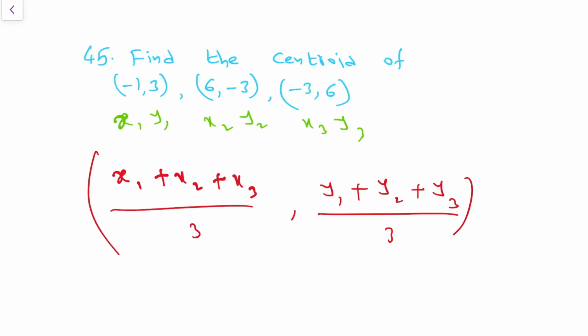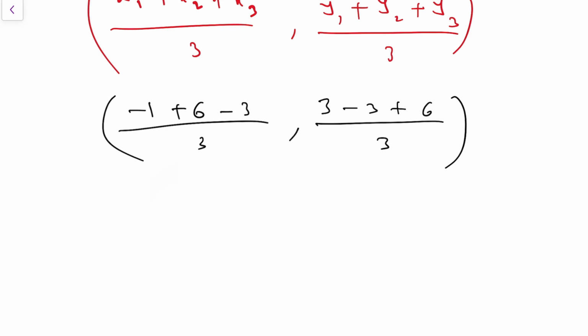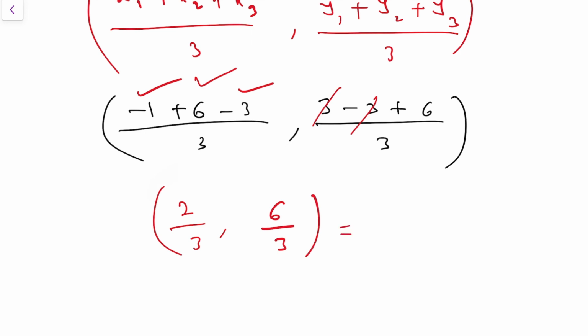Here x1 is minus 1, x2 is 6, x3 is minus 3 by 3 comma y1 is 3, y2 is minus 3 and y3 is 6 by 3. Now let us simplify this. Minus 1 minus 3 is minus 4, 6 minus 4 is 2, 2 by 3 comma plus 3 minus 3 cancel, the remaining is 6 by 3. 2 by 3 we cannot simplify further, so write it as it is, comma 3 ones are 3, 3 twos are 6, so 2. So the centroid of the triangle with the given vertices is (2 by 3, 2).